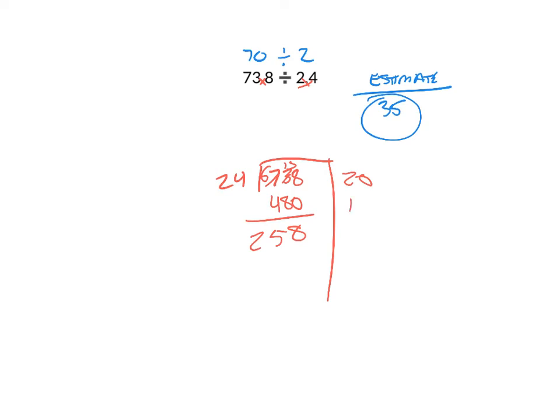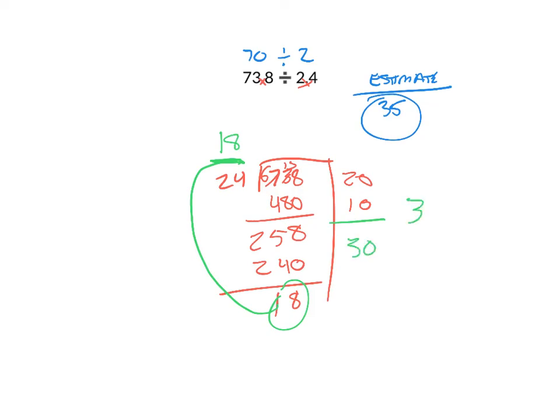So then let's go another 10. 24 times 10 is 240. I get 8 and 14. And then 24 doesn't go into 18 anymore. So I've got this remainder. And remember that we can turn that into a fraction. So we can just put that right over that. So we've got 30 and 18 24ths.